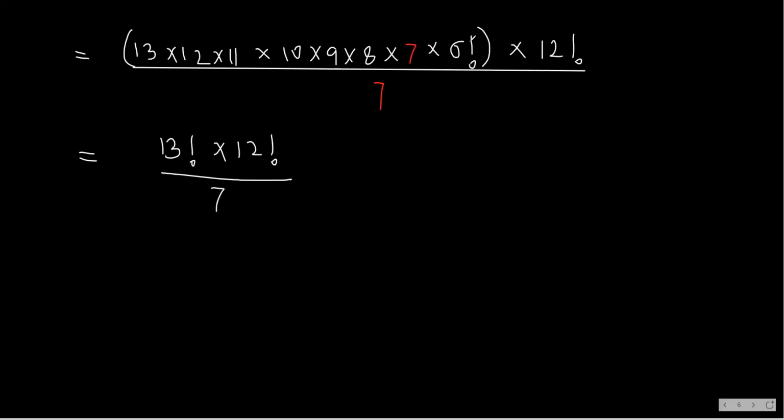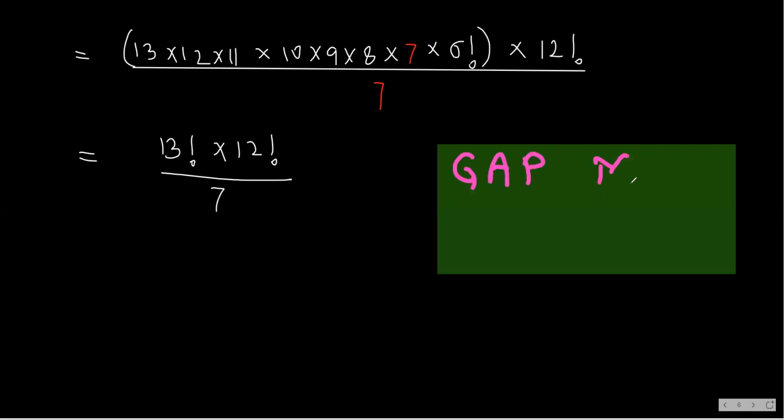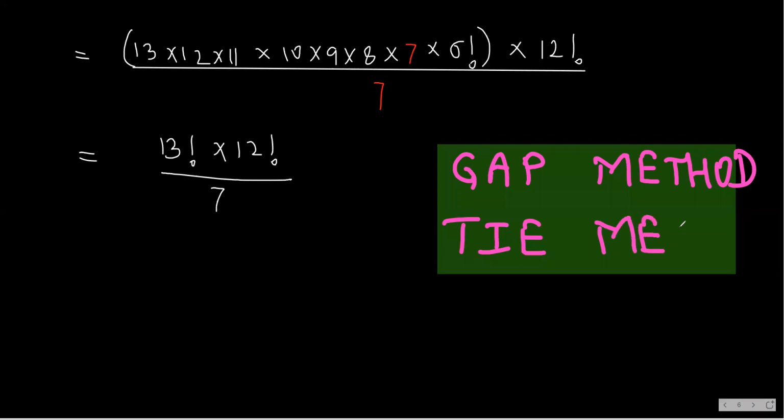Okay, students, at this point, I would like to say that the kind of problems we have done leads to two very important methods. One method is known as gap method, and the other method is tie method. What is gap method?